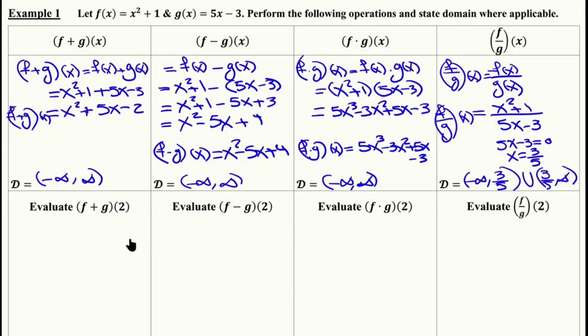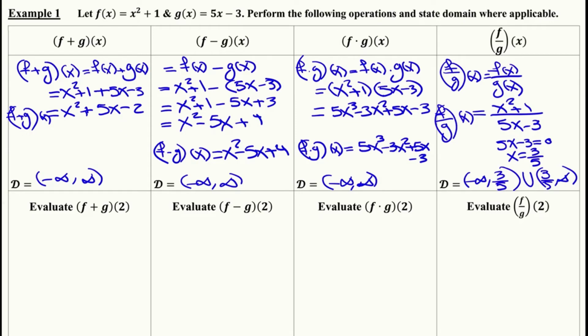Now when it comes to f plus g of 2, for instance, here we're evaluating these specific outputs like f plus g of 2, and we notice that we could do it two ways. Since we've already calculated f plus g of x, we could go ahead and just use that and plug in the 2 into this expression to give us f plus g of 2.